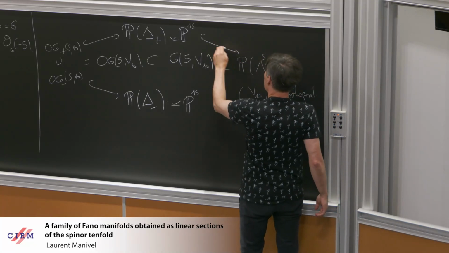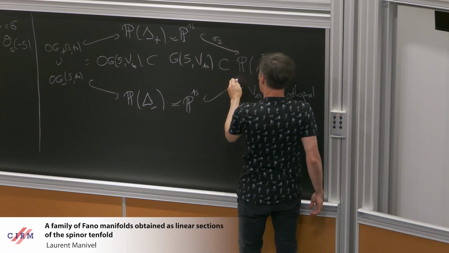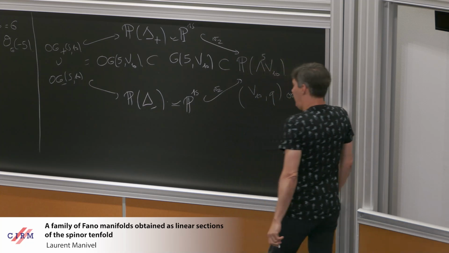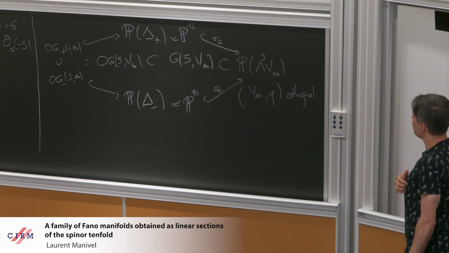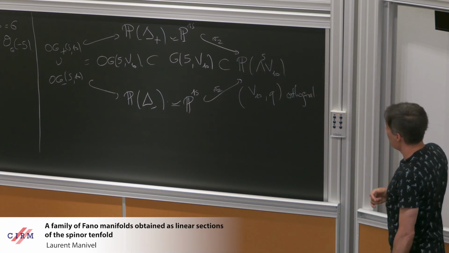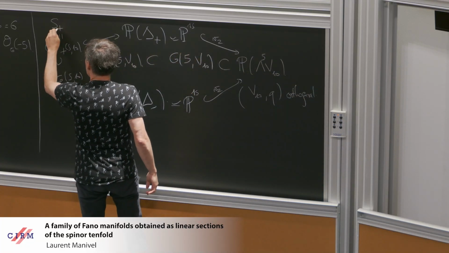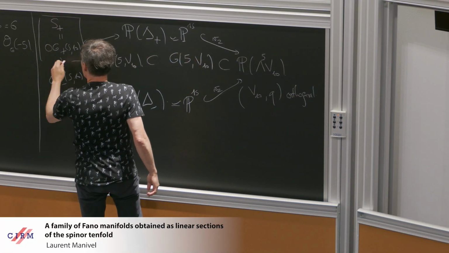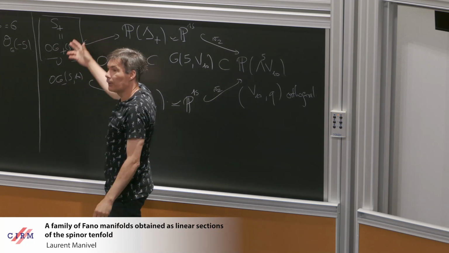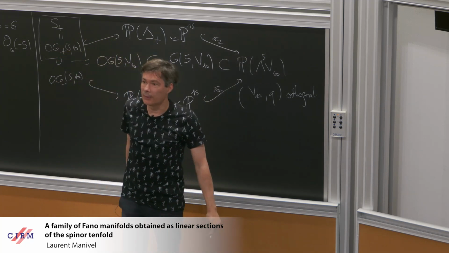And since you have taken a square root, you get back to your usual embedding by a quadratic Veronese. So this is the spinor tenfold. I can take S plus or S minus. As I said, they are indistinguishable.